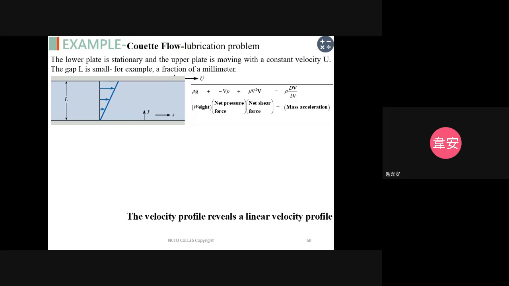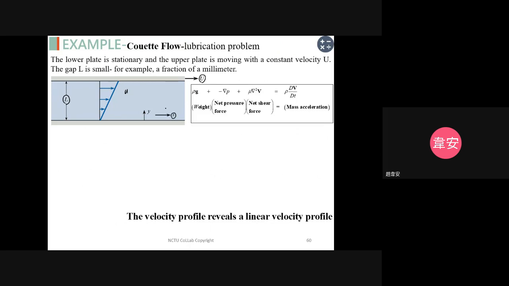The upper plate moves with velocity U, and the thickness of the lubrication liquid is L. Based on the plot, the velocity field has a linear gradient, and the velocity is always along the x direction.